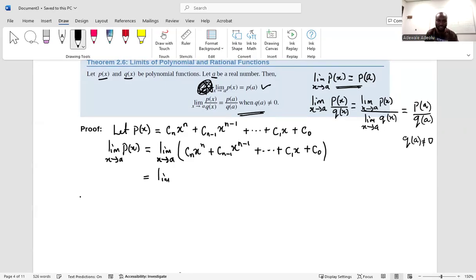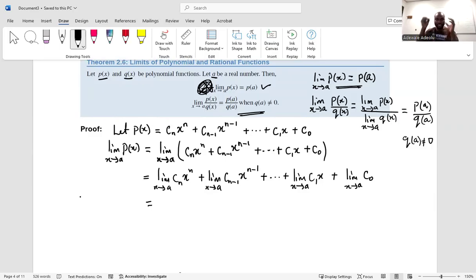So we have the limit as x goes to a of C sub n x^n plus the limit as x goes to a of C sub n minus 1 x^(n-1) plus, that dot dot dot means and so on, until the last two limits: the limit as x goes to a of C1 x plus the limit as x goes to a of a constant function C naught.